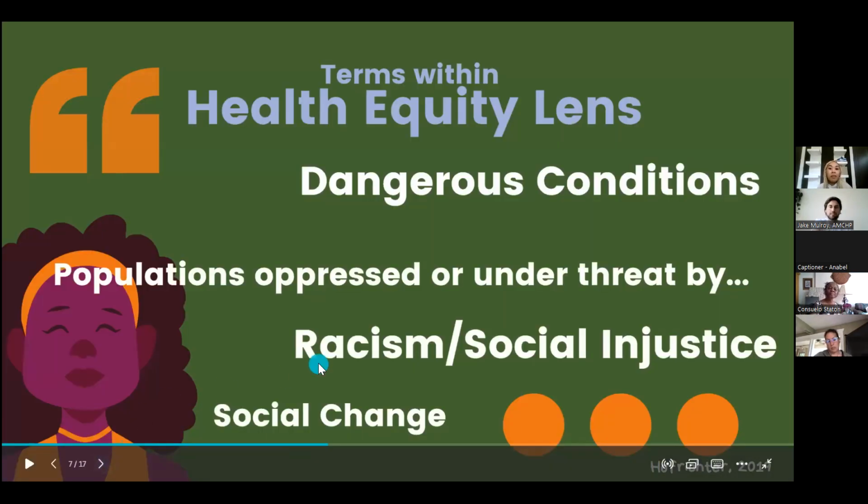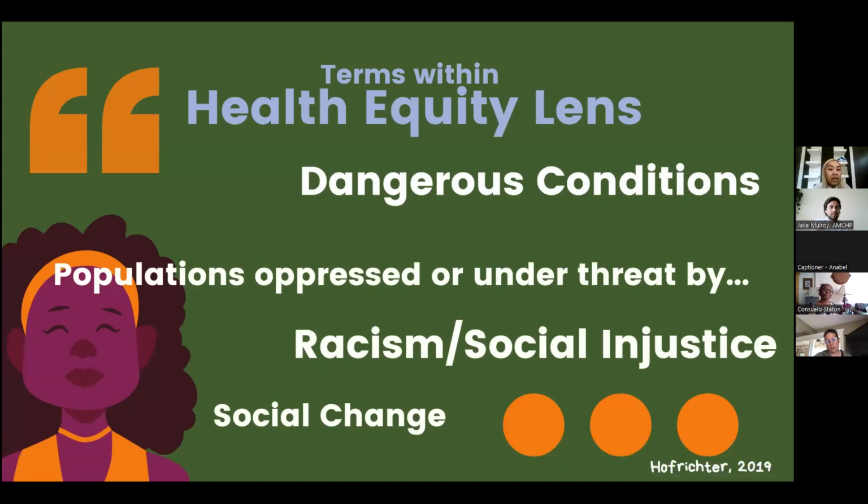So if we're thinking about terms in more of a health equity lens, rather than discussing risky behaviors of a certain group of people or population, we might want to discuss what are the dangerous conditions that they're living in that perpetuate a poor health outcome. And instead of vulnerable populations, what are they actually vulnerable to?